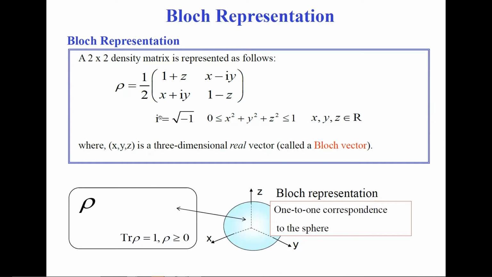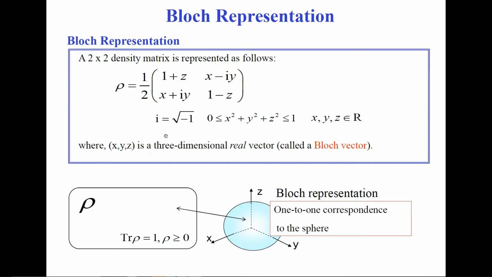In this bracket, we set 1 plus z, x minus iy, x plus iy, 1 minus z, and finally multiply with a factor of half. And here, i denotes the imaginary unit.